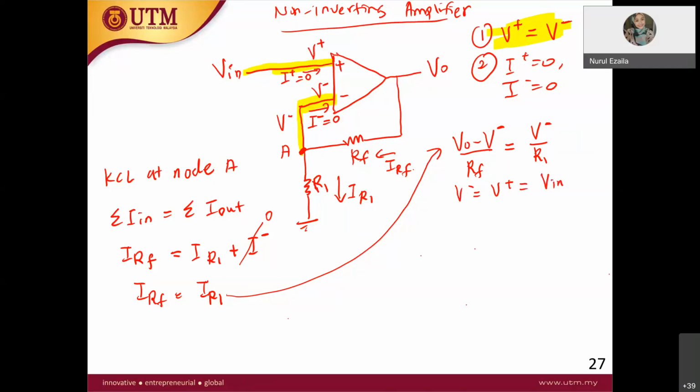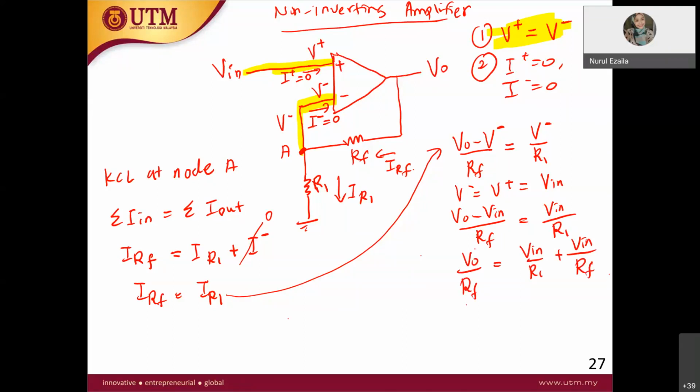So if I rearrange, I get V out minus V in over RF equal to V in over R1. Therefore V out over RF is equal to V in over R1 plus V in over RF.